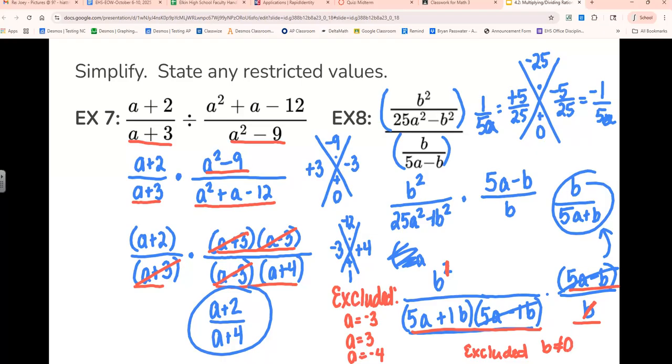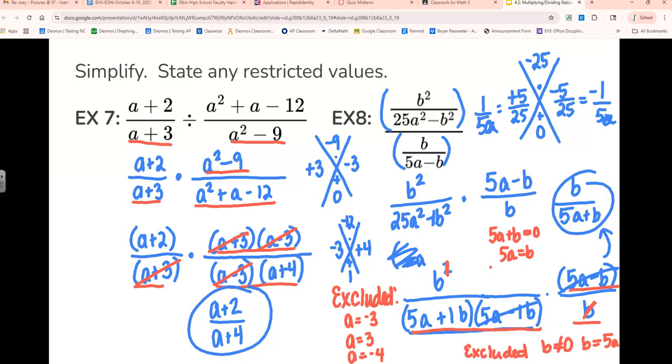The other ones are different because you got 5A plus B, and that can't be 0. I really don't want to spend too much time with this. We got 5A plus B. It cannot equal 0. So if I move the B over, 5A equals negative B. So basically, B cannot be negative 5 times A. If it is, you end up with a 0.